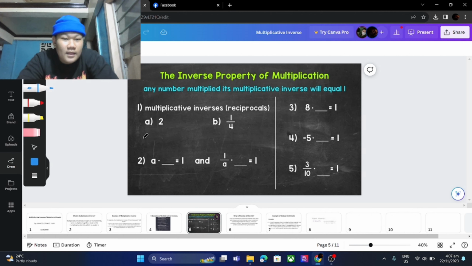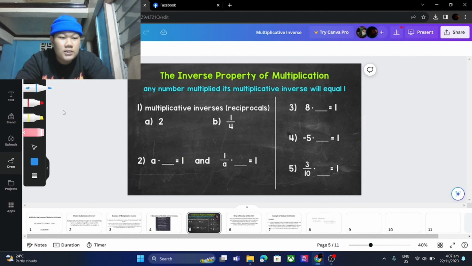Number 2. A times blank equals 1. What you do is invert it.